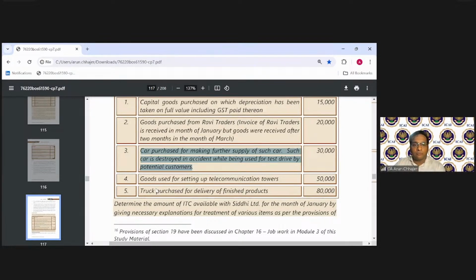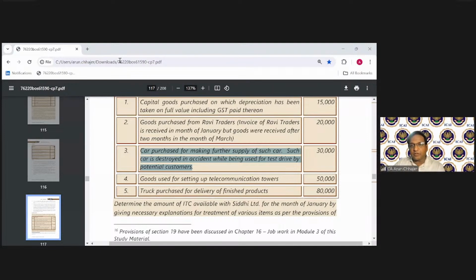Now tell me, will the ITC be allowed or not? Ideally, the ITC is allowed.